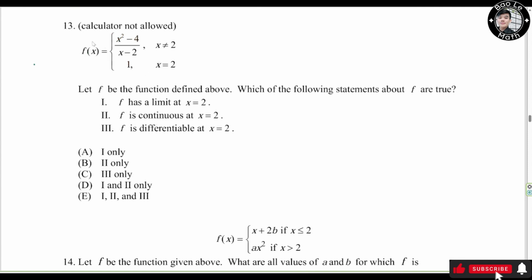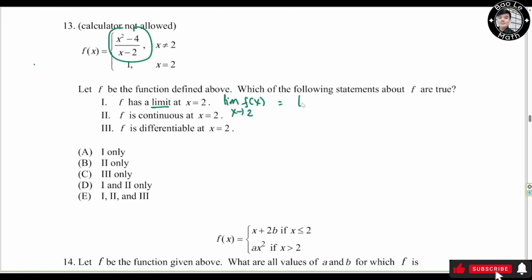Now let's move on to question 13. Given the function f(s), now statement 1 right here: the function f has a limit as s equals 2, right? So limit, which means we're going to pick this one right here, right? So we need to find the limit of the function f of s when s approaches 2.